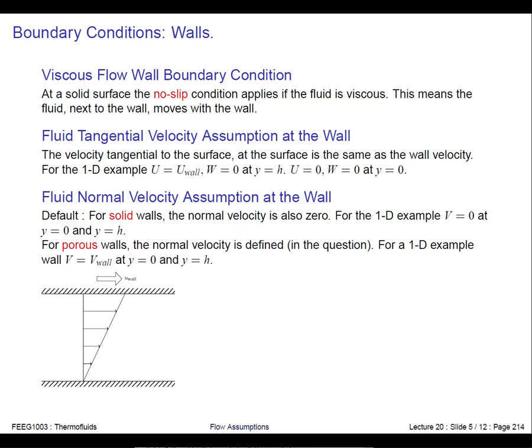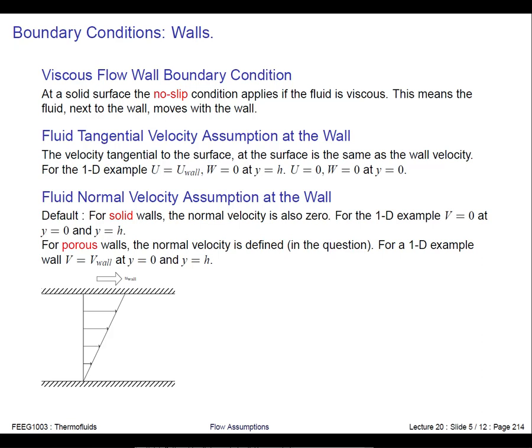If the wall has zero velocity, then the two tangential velocity components are going to be zero, and if the wall is moving in a particular direction, then the fluid is also moving with that velocity component.